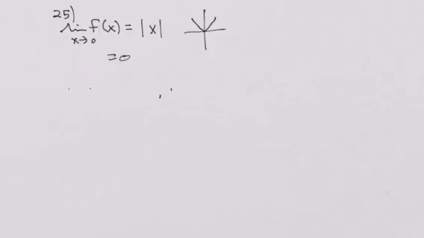Because whether we approach it from below or from above, y is getting infinitesimally close to 0 as x gets infinitesimally close to 0. So that's no problem, that function.